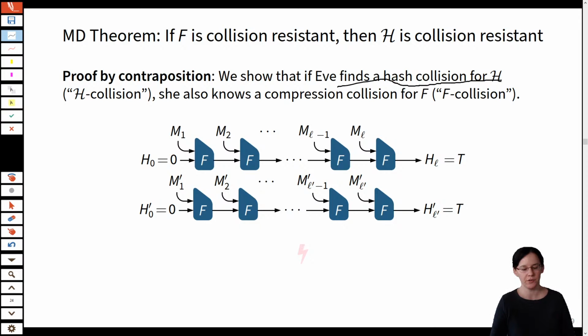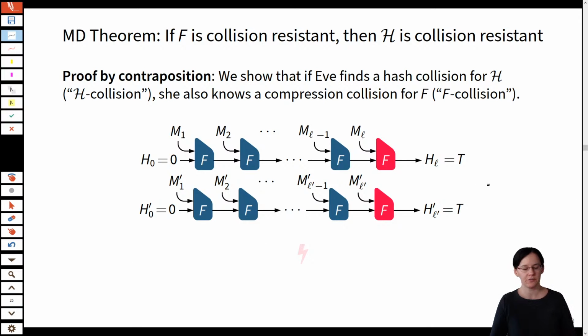So let's assume for the beginning that the adversary has found some collision for the hash function, meaning the adversary has found two different messages M and M prime, which are different in at least some of the blocks, but which produce the same identical hash output value. And what we will now do is go backwards through the function with our argument and see where exactly this collision has appeared for the first time.